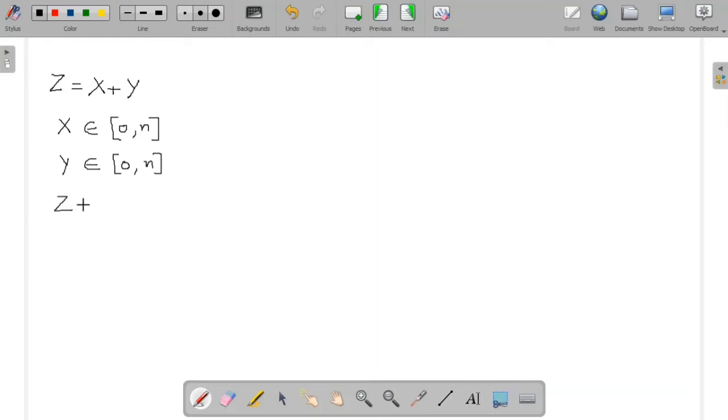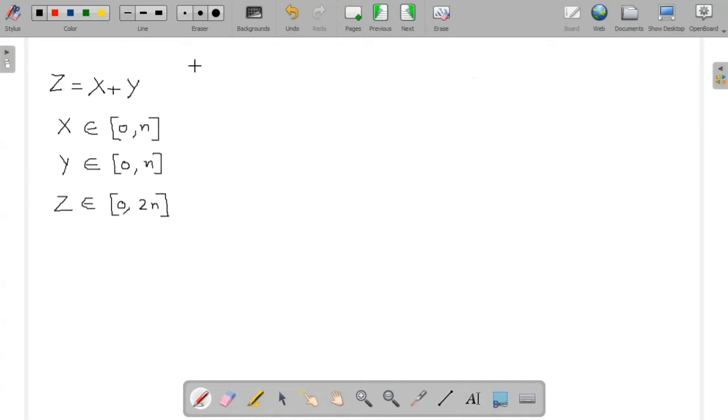Simply by putting the minimum values of X and Y, we can see that Z will belong to integer values. X minimum value is 0, Y minimum value is 0, so 0 plus 0, Z's minimum value will be 0. Similarly, X maximum value is n, Y maximum value is n, so n plus n, Z's maximum value will be 2n. So Z can take integer values from 0 to 2n.